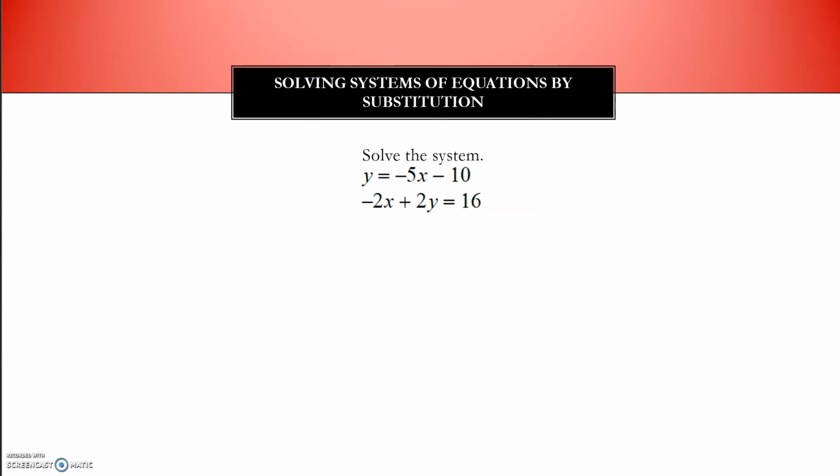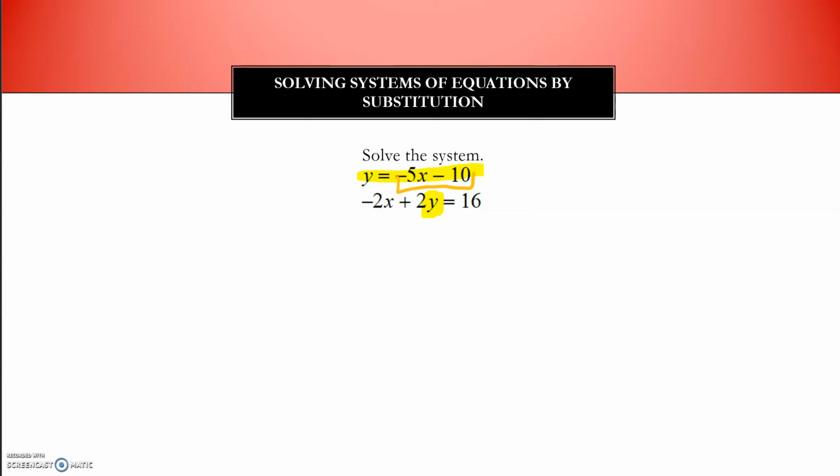This one's a little different. This one's different because they're not both solved for a variable. Only one is. But the principle that we just talked about still applies. We know that y is equal to negative 5x minus 10. That means in the second equation, wherever I see y, I can replace it with negative 5x minus 10.